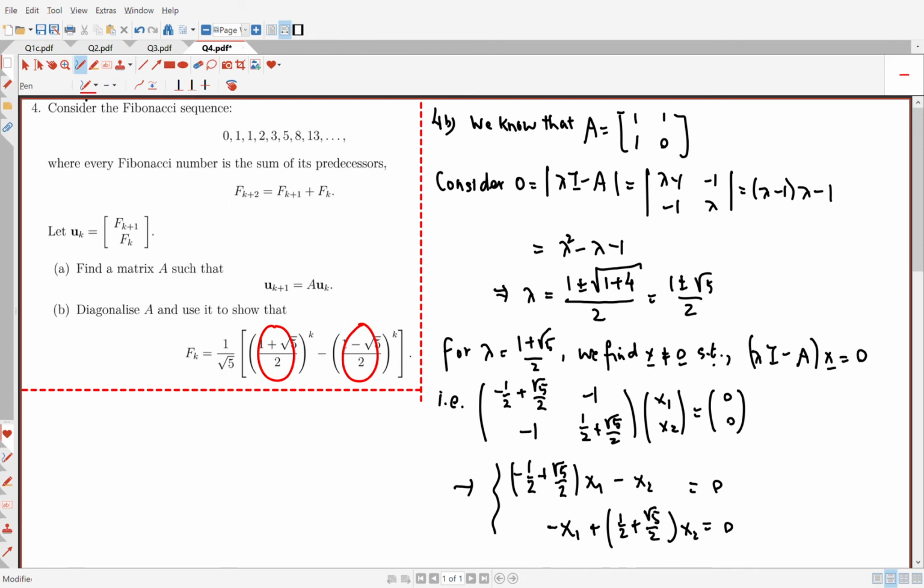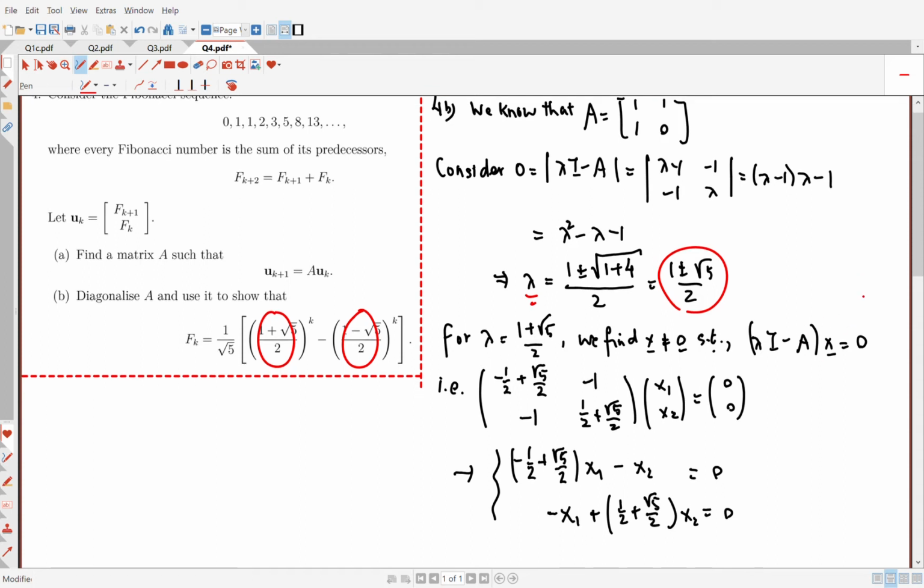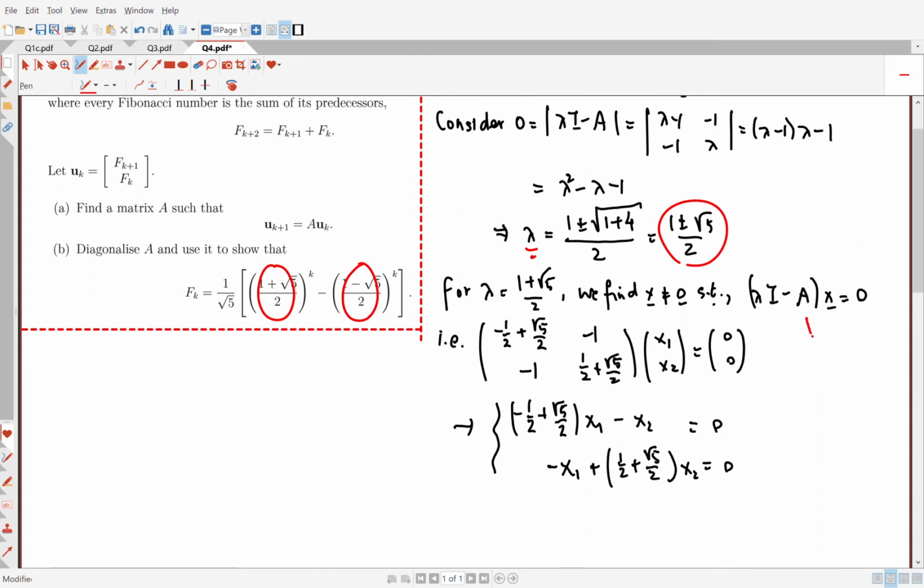This lambda will make the determinant of this equal to 0, and this is a homogeneous linear system, so there will be infinitely many solutions.